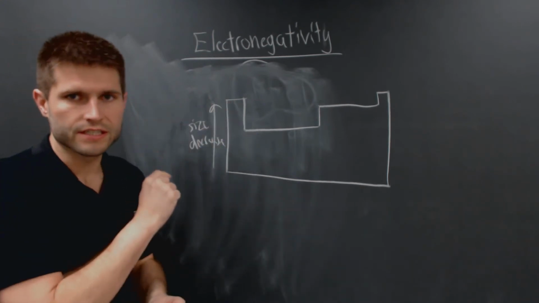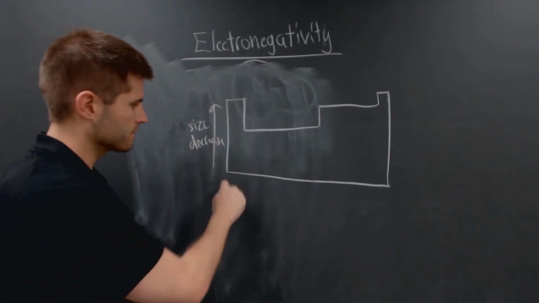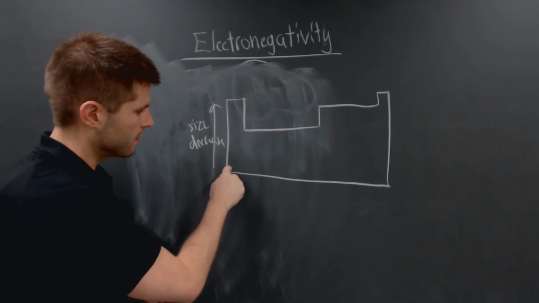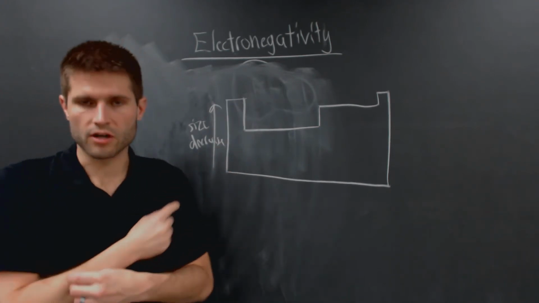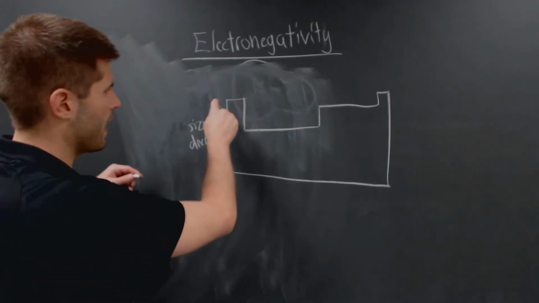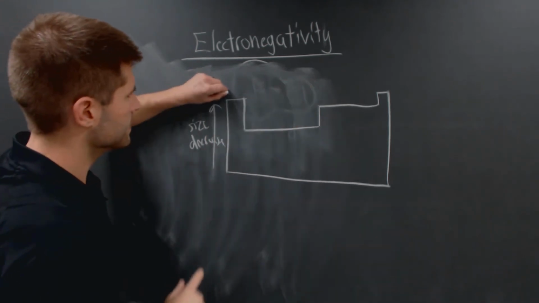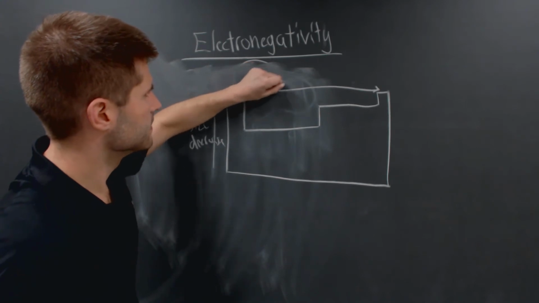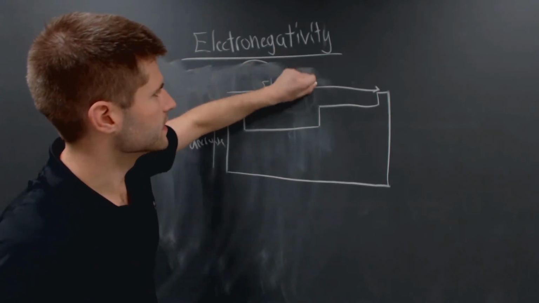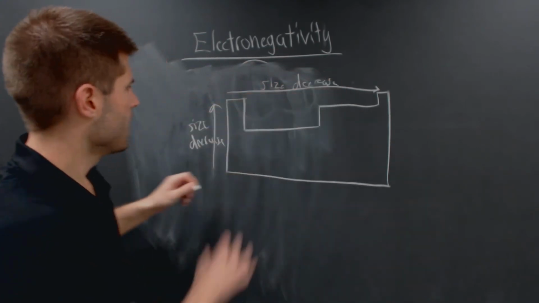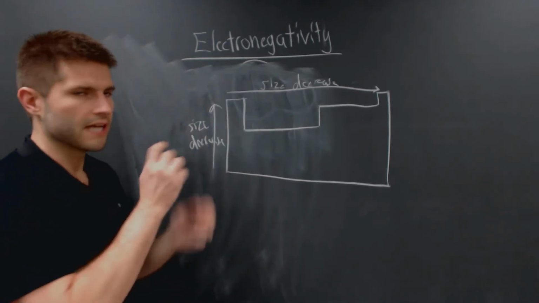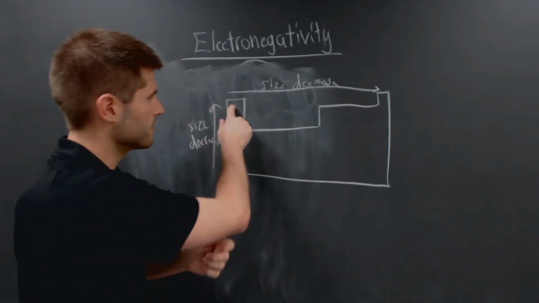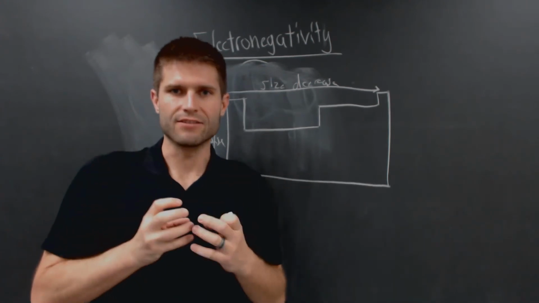So we know that hydrogen is the smallest element out of the first group, and francium and cesium are down at the bottom. Now, as we move from left to right, we decrease in size as well. So this is size, and we're going to decrease. This is something that we already know. As you move from bottom to top, the size of the atoms decreases. As you move from left to right, the size of the atoms decreases.